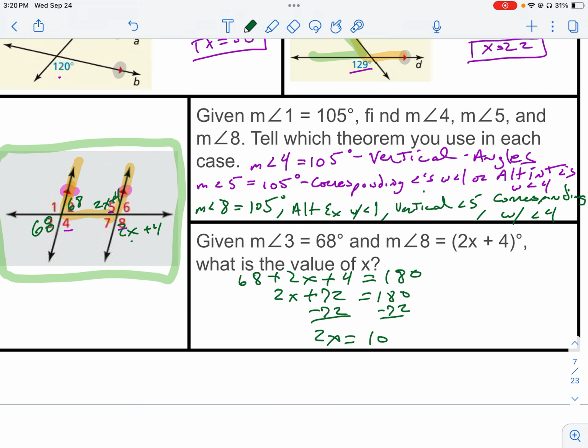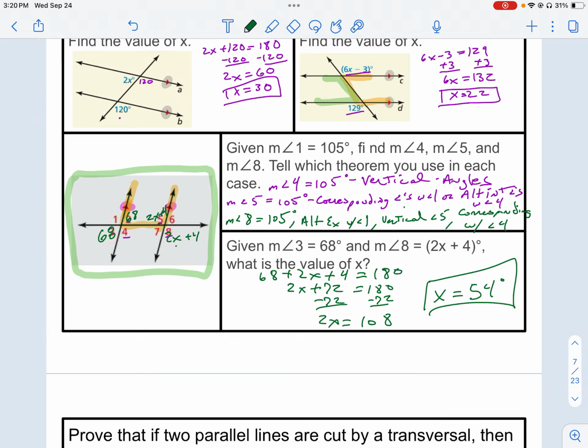Get the x by itself. Divide both sides by 2, and x is going to equal 54 degrees. Done and done.